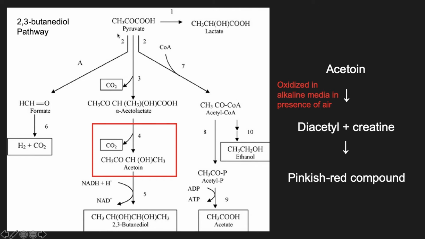So instead of doing just that, which is the mixed acid fermentation pathway, it's going to take acetoin, and it's going to become oxidized in the presence of air and alkaline media. And then you're going to get diacetyl plus creatine from the test compounds, and that's going to give you a pinkish red compound to end the test with. Okay.